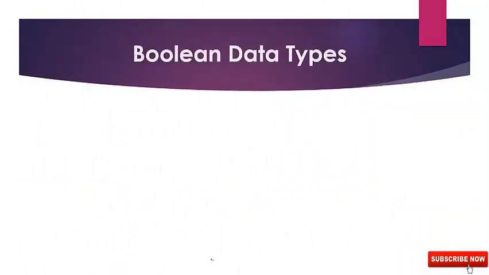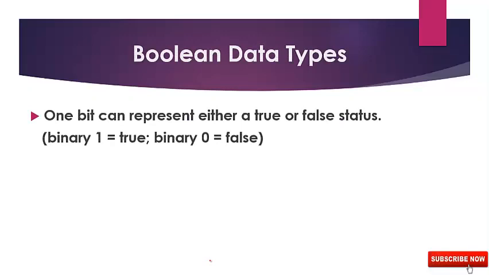Next is Boolean data type. So, what is Boolean data type? The Boolean data type is used for logical values. It can have only 2 possible values, true and false.